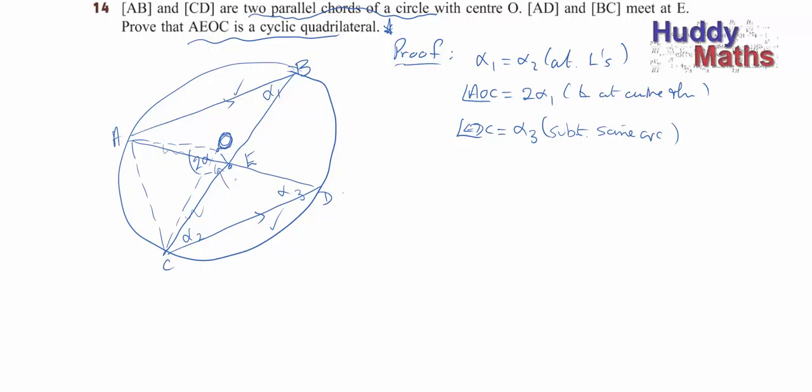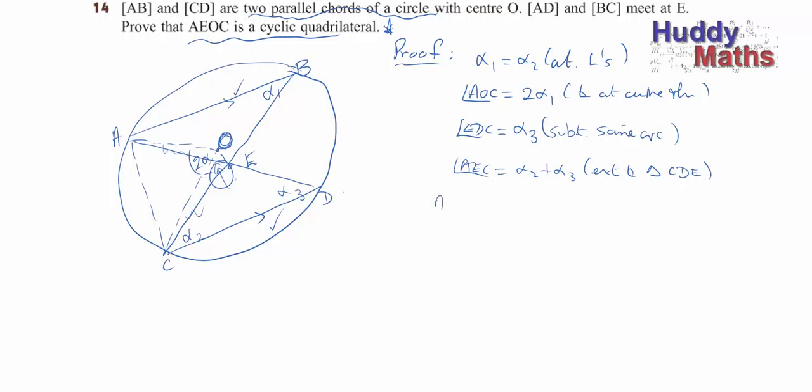And then what can we say? Angle AEC, that one in there, angle AEC will equal alpha 2 plus alpha 3, exterior angle of the triangle CDE. Okay, AEC is 2 alpha. Now this is getting all crowded in here. Can you see that we've just done it?